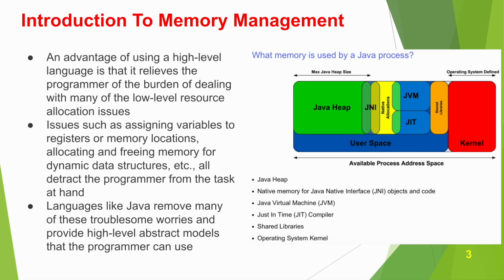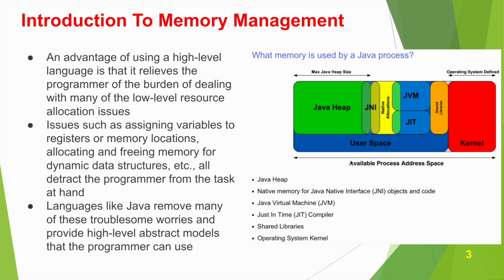Higher level languages like Java remove many of these troublesome worries and provide high level abstract methods that the programmer can use. Here in the image, you can look at the available process address space or the memory that a Java process is going to use.